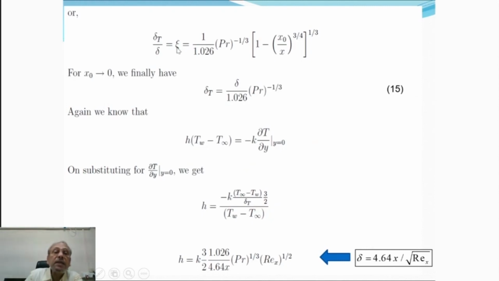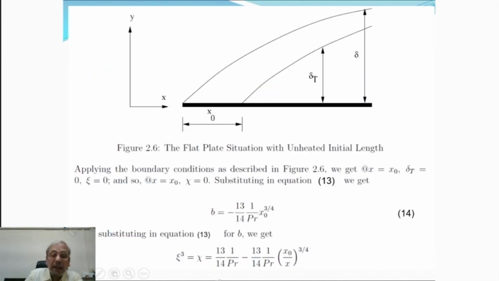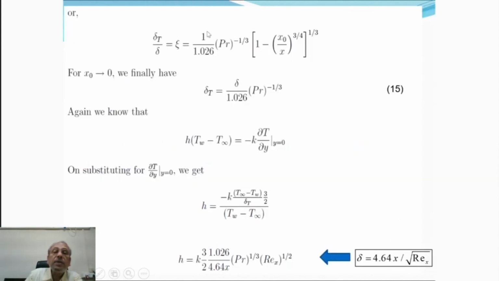And zeta is nothing but delta T by delta. Then this entire quantity, we take the cube root, and that becomes 1 by 1.026 Prandtl number to the power minus 3 into 1 minus x naught by x to the power 3 by 4, entire quantity power 1/3.